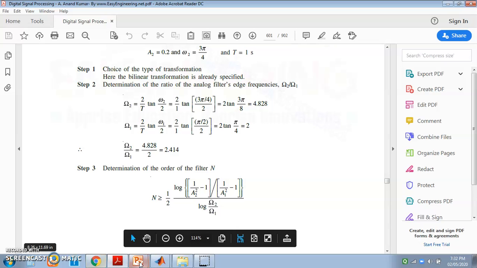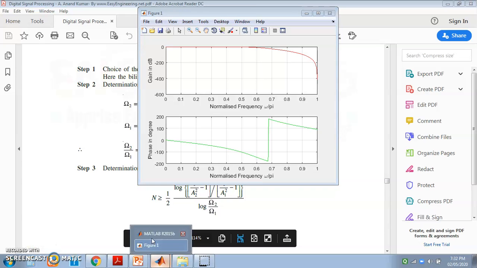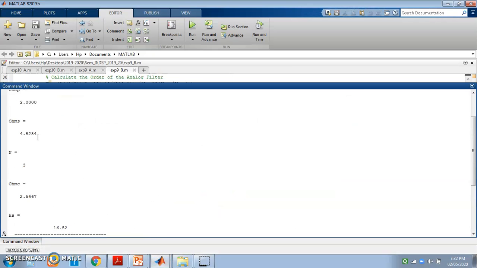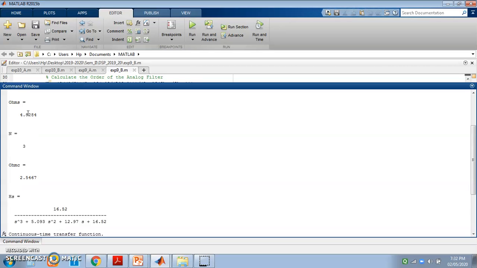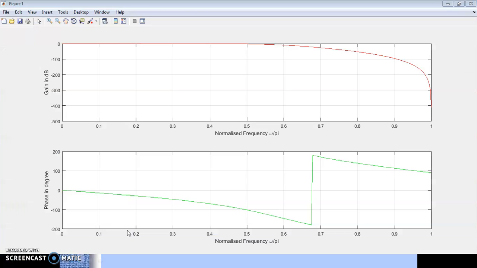So it is there in the MATLAB window also, with values. Here you can see 4.82 and 2. So all these values are just reflected in the MATLAB solution also. So here we are getting the magnitude and phase response.